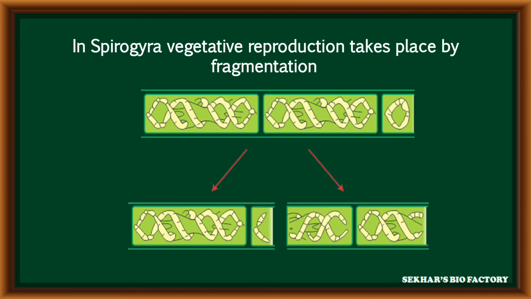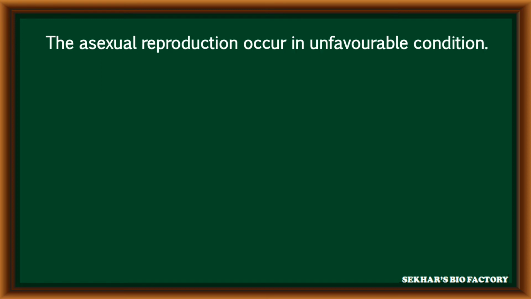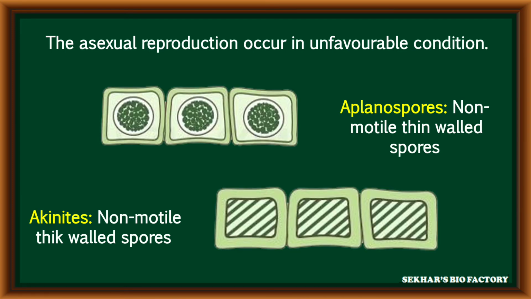Spirogyra generally reproduces vegetatively with the help of fragmentation. Asexual reproduction takes place under unfavorable conditions by aplanospores, which are non-motile thin-walled spores, and akinetes, which are non-motile thick-walled spores.